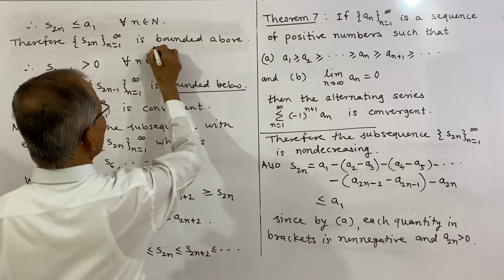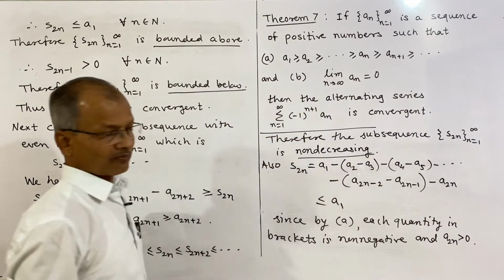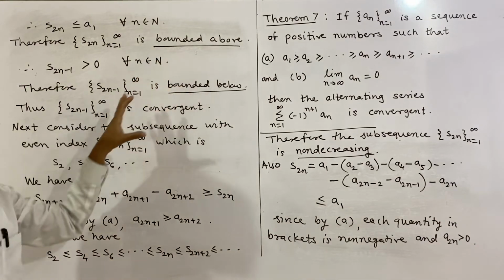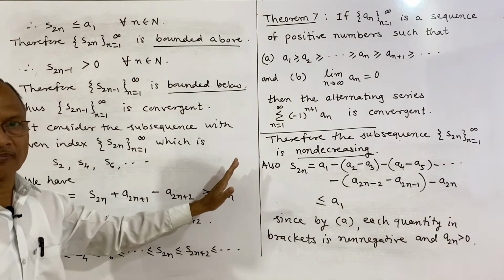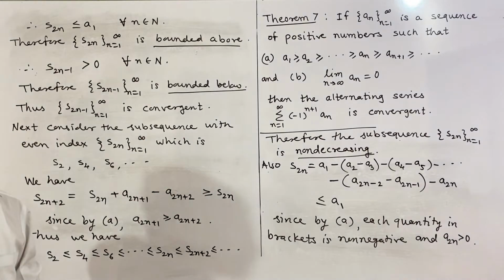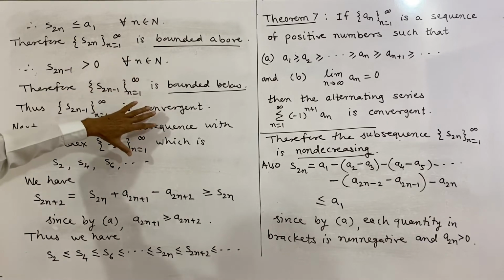And now see what we have proved is the subsequence s2n is non-decreasing and bounded above. The sequence is increasing but it is bounded above, and therefore it must be convergent. This is the theorem we have proved in the chapter of sequences, and thus this sequence s2n is bounded.